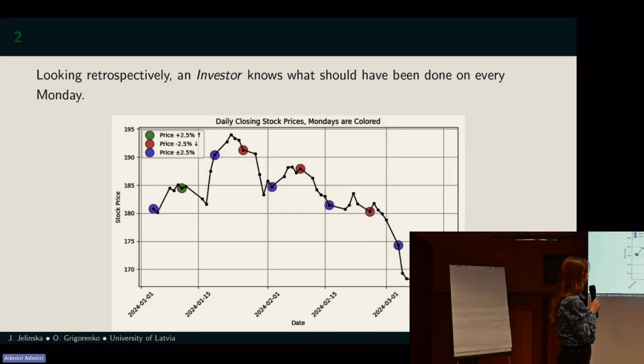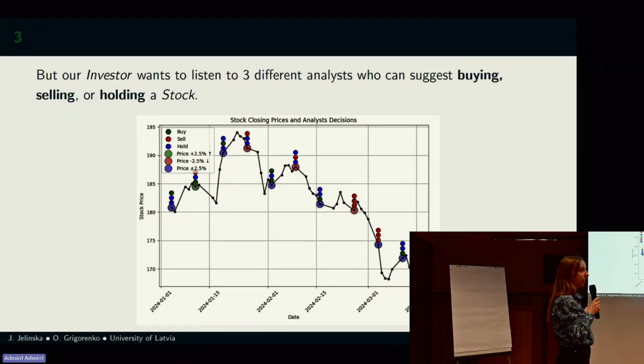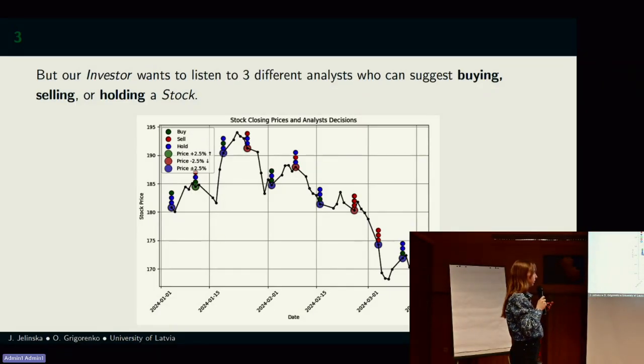But our investor is super busy. So what he does, he listens to analysts. He listens only to three analysts. And every Monday, these analysts tell him what to do. So some say you need to buy, you need to sell, you need to hold.